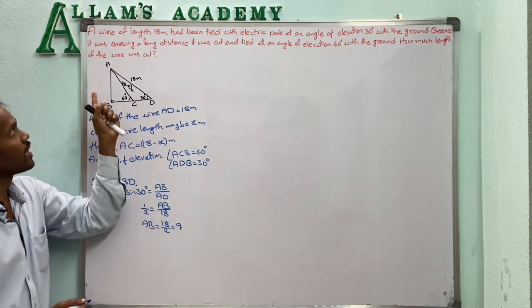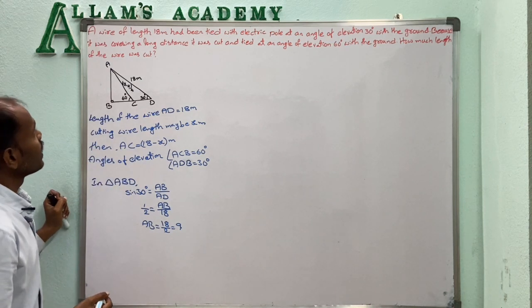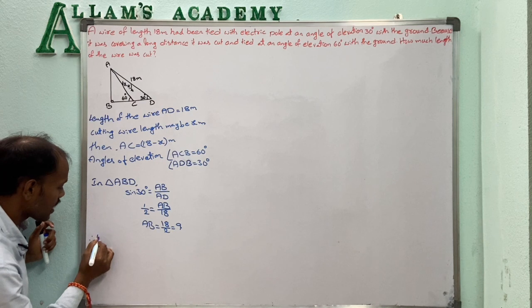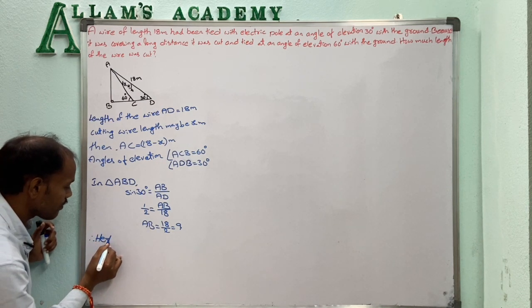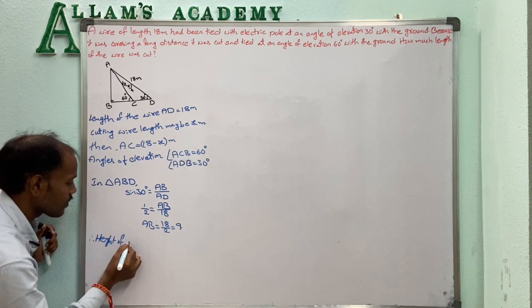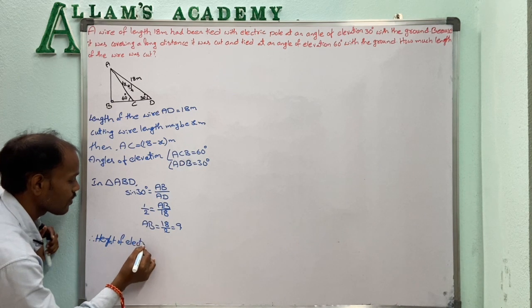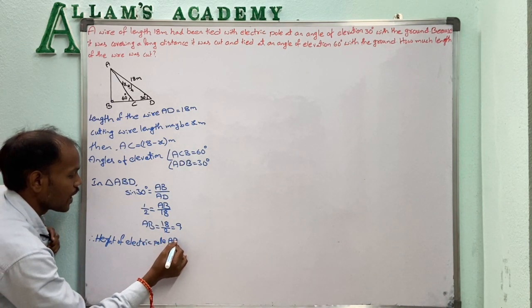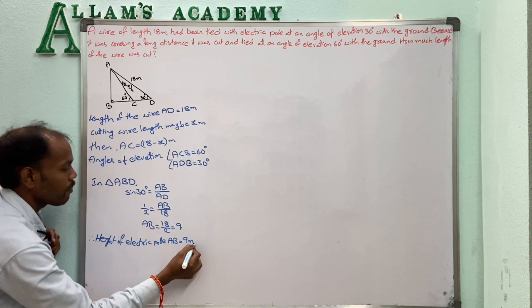So AB is the electric pole height. So height of electric pole AB equal to 9 meters.